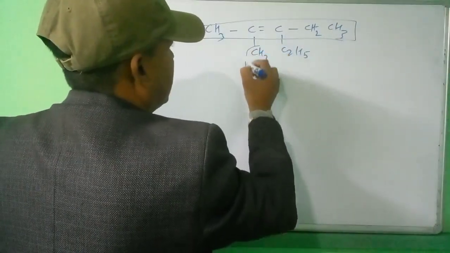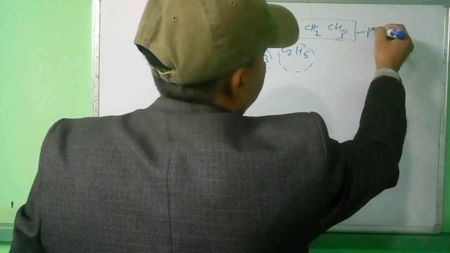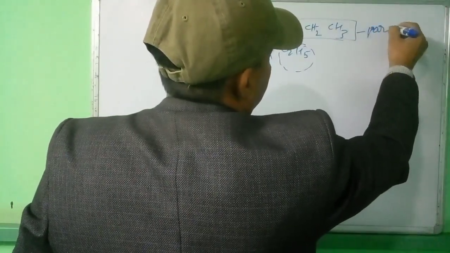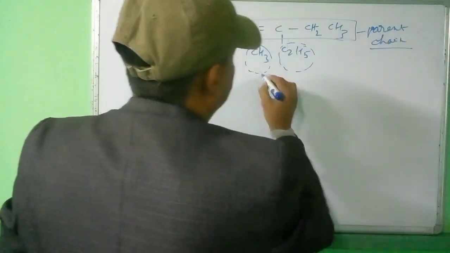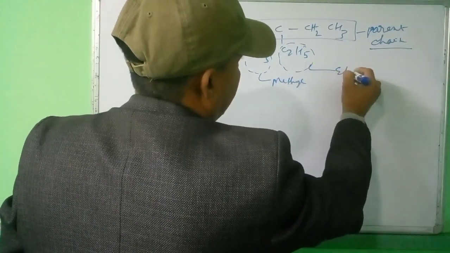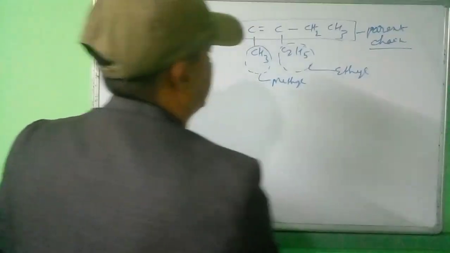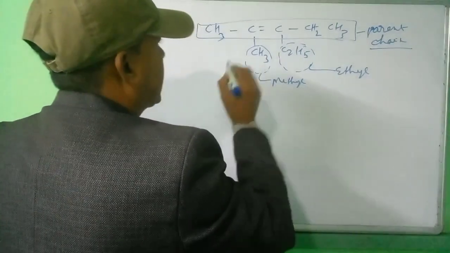Then mark the substituents. Okay, this is the parent chain. Now this is the methyl substituent. Okay. Now numbering the carbon atoms.